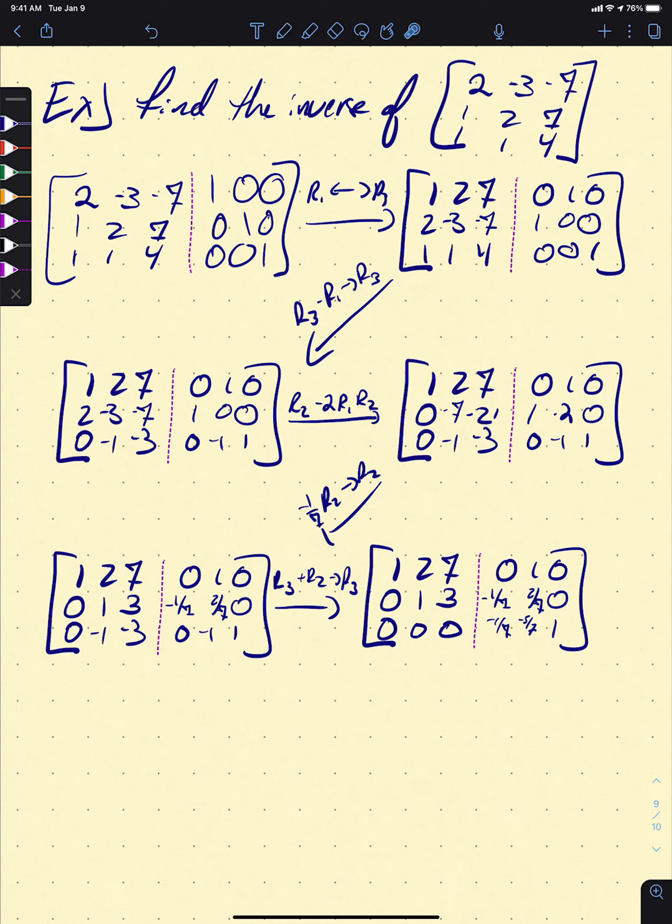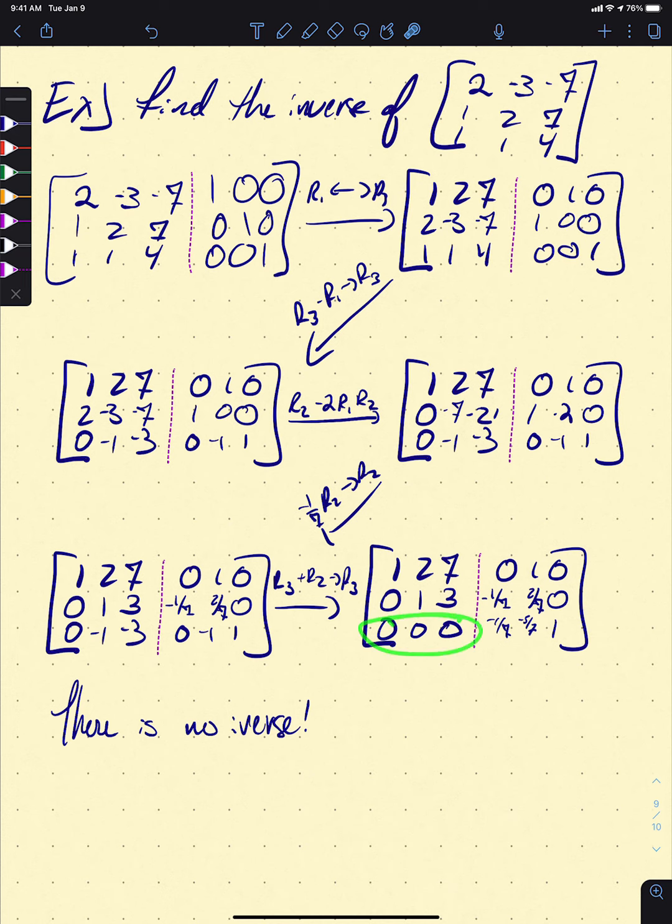And so if you look at what we're doing here, what we would want to do next is clear this 2, but then we would want to clear this 3 and this 7. And we don't have a way to do that, right? There's a row of zeros here. And so what that tells us is that there is no inverse, right?